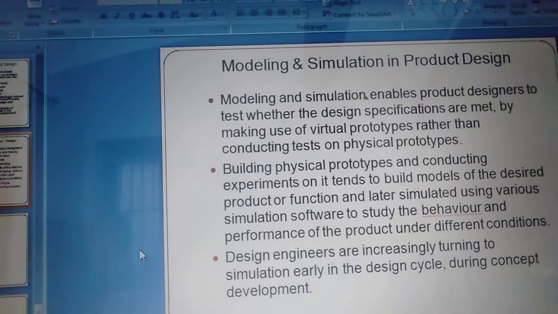It helps the designer ensure process and product reliability and quality, ensures high flexibility in product design and development processes, and minimizes the risk of flawed designs, thereby improving design efficiency. So there are a lot more benefits you can have if you go for virtual modeling and simulation before going for the physical one.